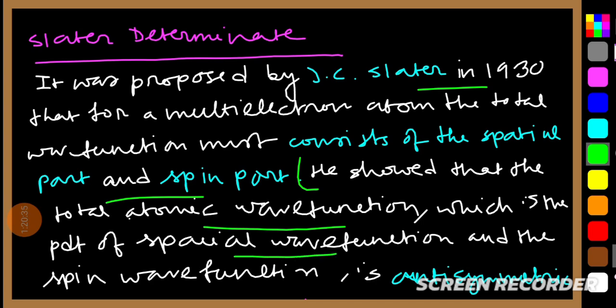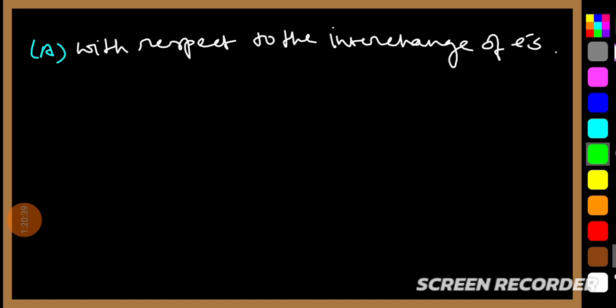He showed that the total atomic wave function, which is the product of the spatial wave function and the spin wave function, is antisymmetric, symbolized as A, with respect to the interchange of electrons.